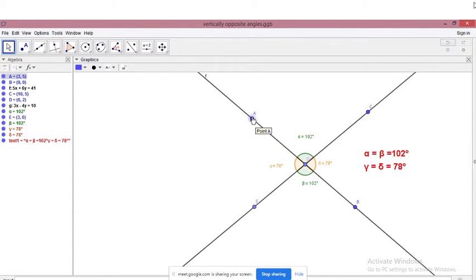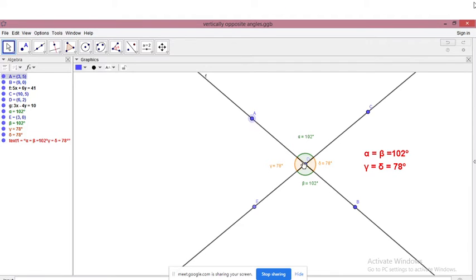Now here can you see this angle AOC, that is angle alpha, angle beta, angle gamma, all these angles. This is angle alpha, that is angle ADC.